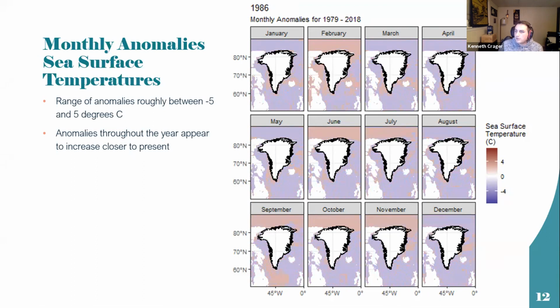So looking first at sea surface temperatures again, nothing really pops out except for the persistence of higher anomalies, greater positive anomalies persisting closer to the present, especially in the autumn and winter.